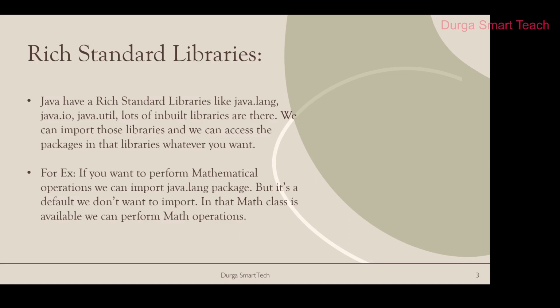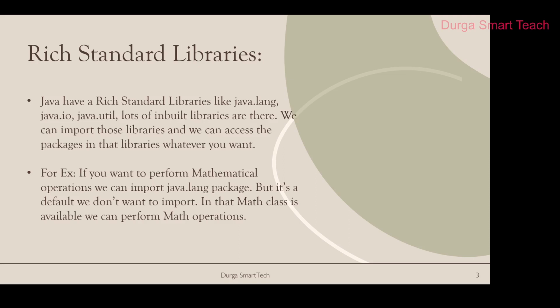Some of the libraries are java.io and java.util. There are many libraries, and we will discuss them in the next classes. For example, if you want to perform any mathematical operations, we need to import the java.lang package.